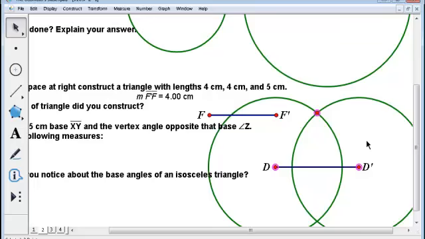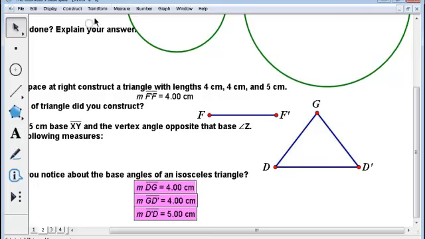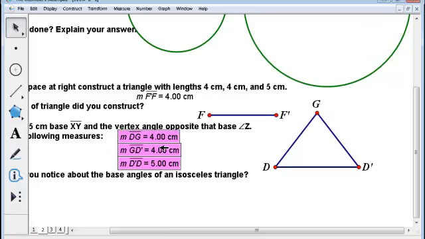I'm going to hit Control L and it'll create the triangle for me. I'm then going to highlight the circles that I used to construct everything, and hide those. So here is my triangle created with sides of 4, 4, and 5. If I measure these, it's going to confirm that. Okay, 4, 4, and 5.